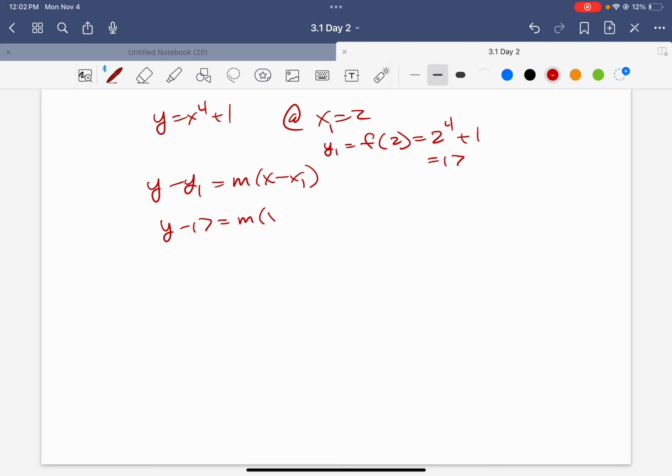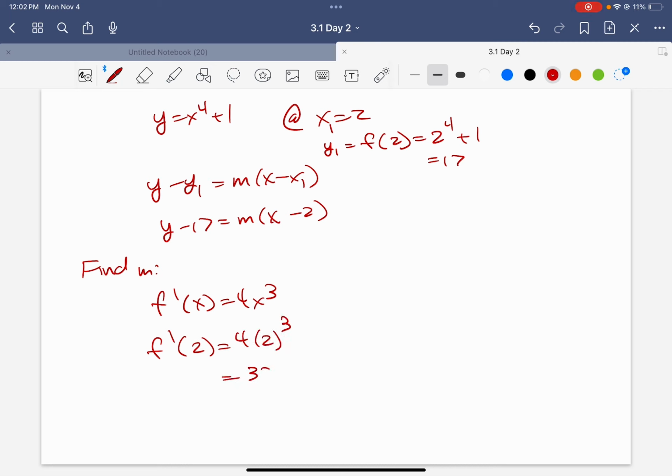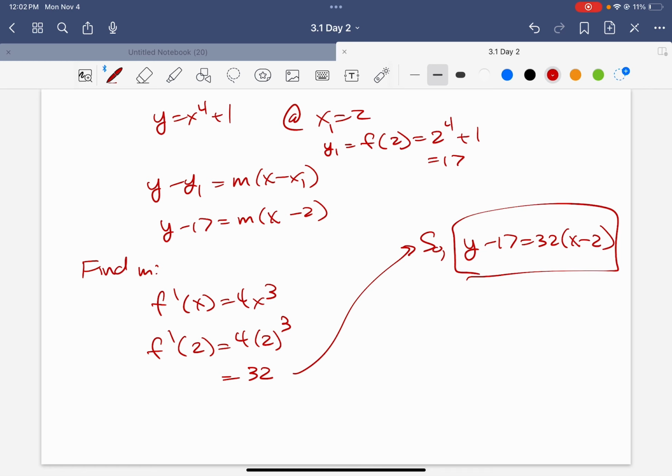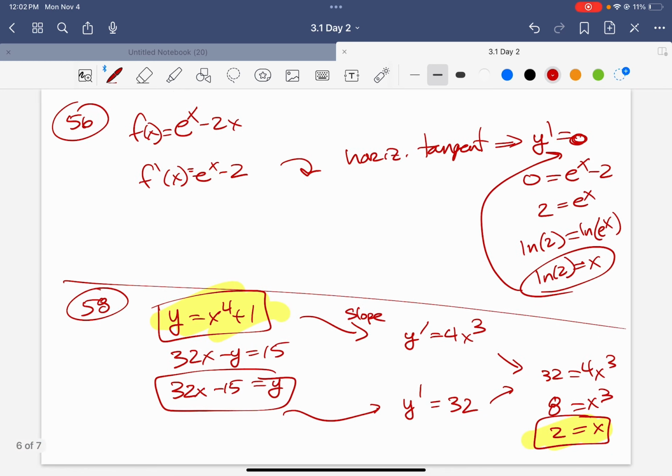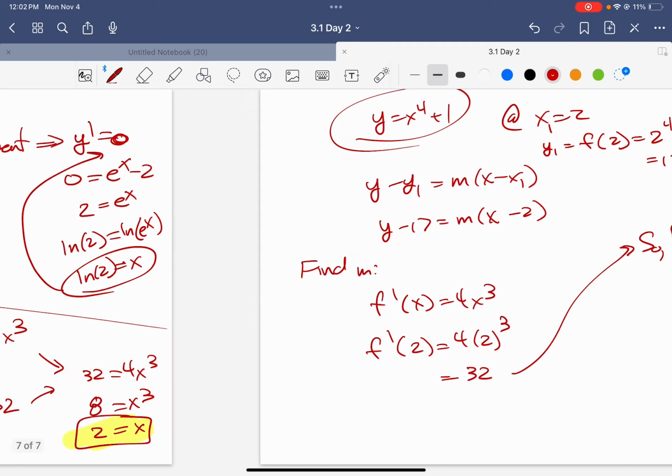So this is almost my tangent line. To find m, I take my derivative and get 4x cubed. The derivative at 2 gives me 32. And so the equation of the tangent line is y minus 17 equals 32 times x minus 2. That's the tangent line to this curve when it is parallel to this curve.